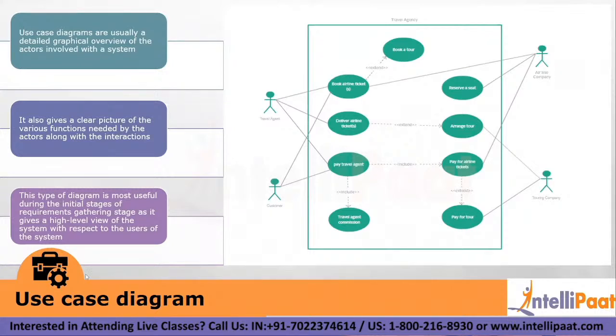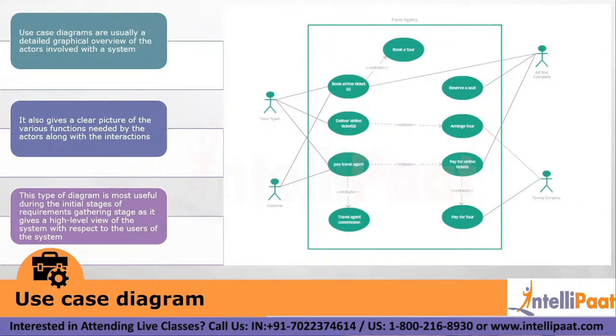Look at the customer. So now if you bring in a travel agent who books the tickets, the travel agent is not booking the ticket for himself or herself. So there has to be an option to deliver the ticket to the actual customer. And once that delivery happens, there has to be a way for the customer to pay the travel agent as well.